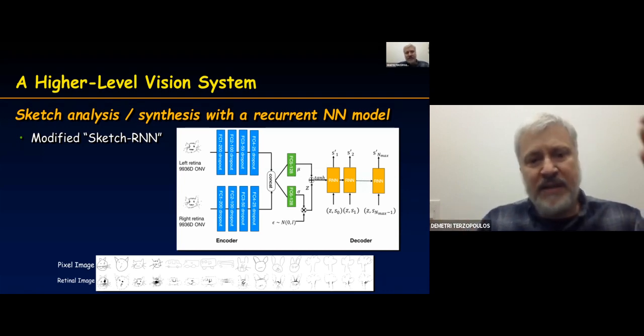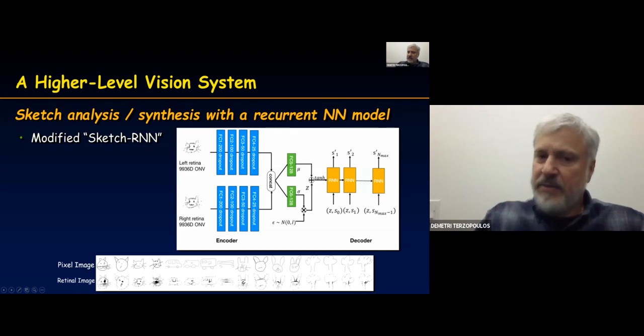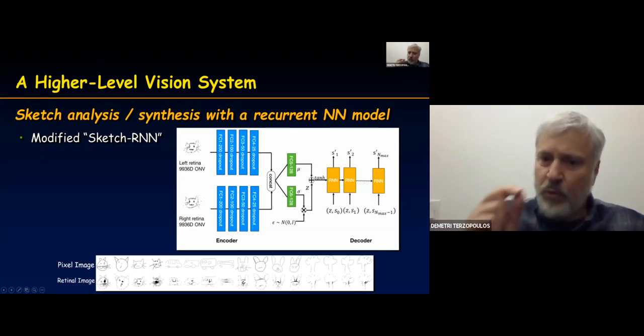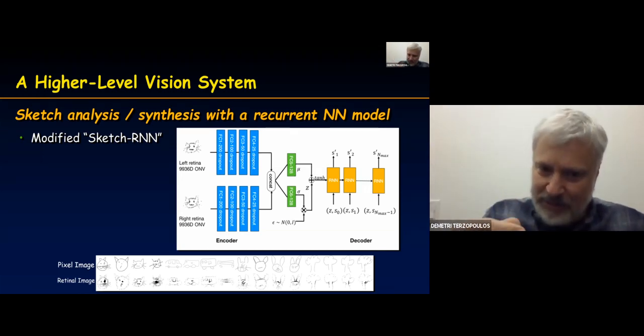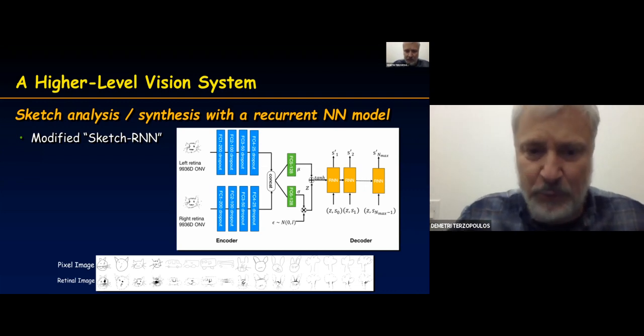So what you have is an image. You have a regular pixel image of the sketch over here, plus the pen strokes that were done to create that sketch. Okay, and you have lots of examples of this from many people doing this.